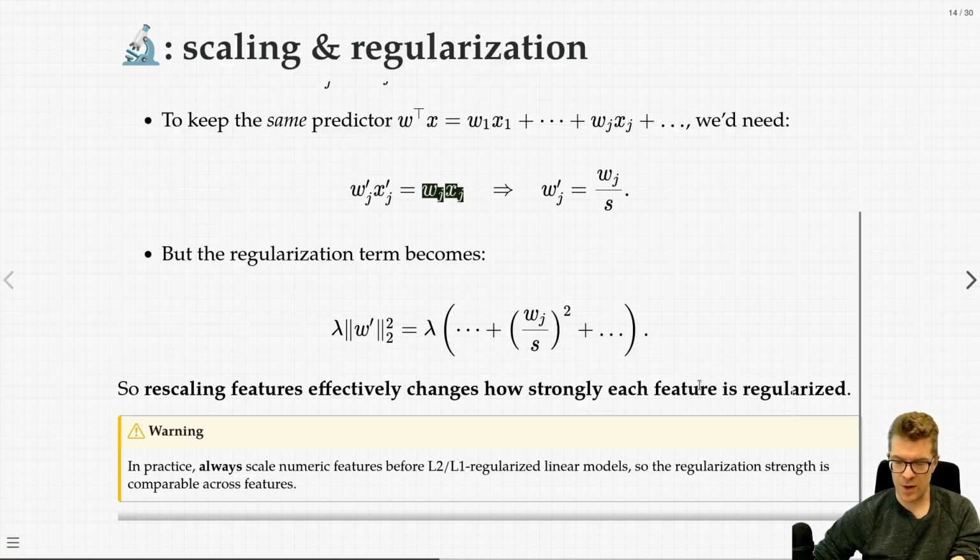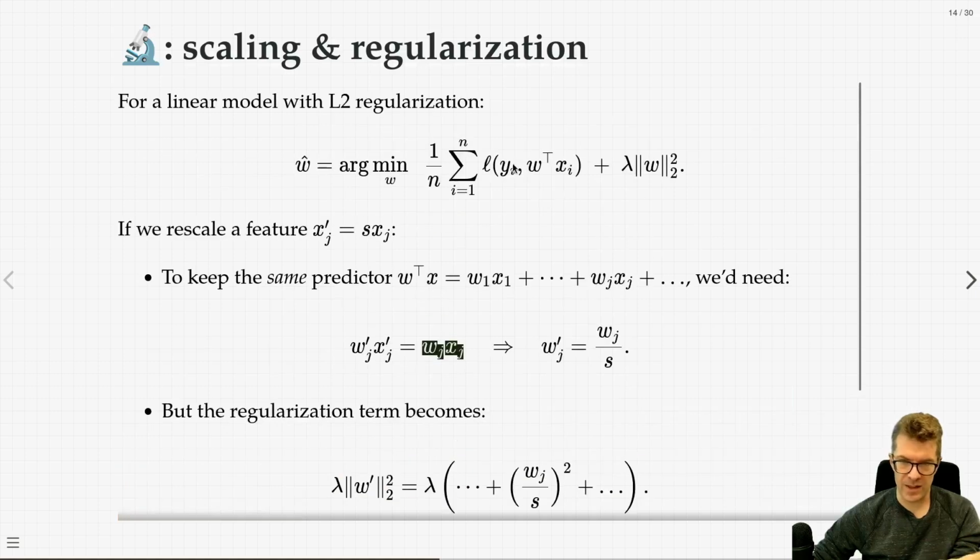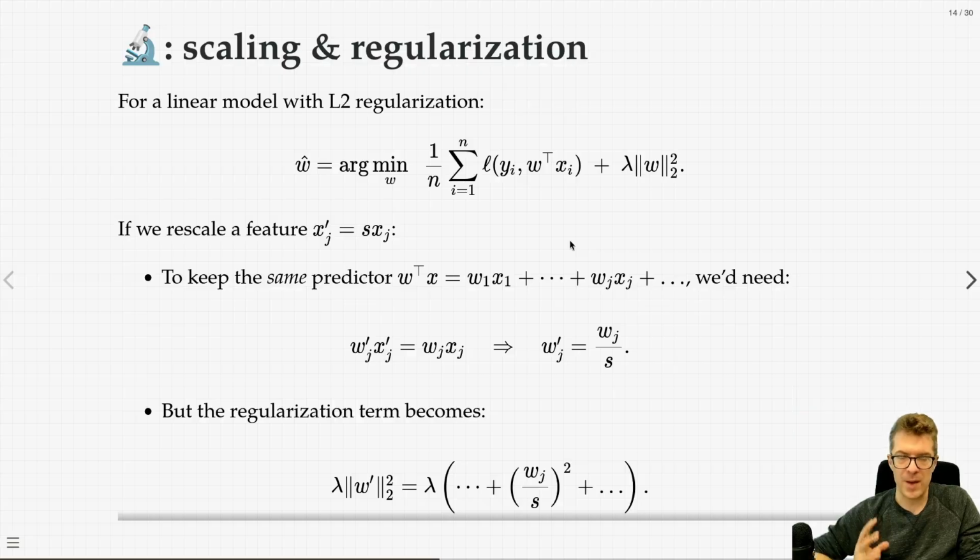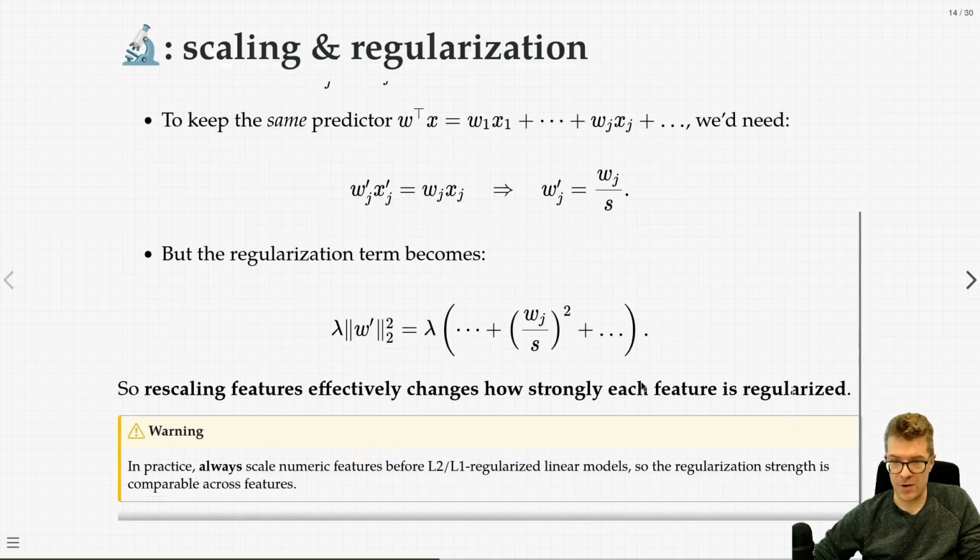So it's not just that we're scaling things from the point of view of the loss. Like I talked about, the influence of height and income, because of the differences in the units, is going to have differential impacts on training. This is also true of having an effect on regularization itself. Rescaling features will have an effect on how strongly each feature will be regularized.